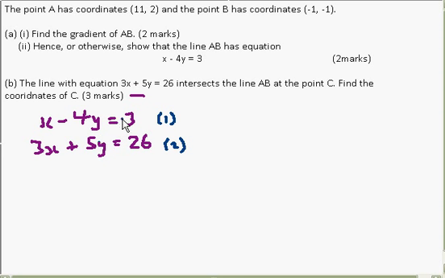And the first thing I'm going to do is decide which of x and y I'm going to eliminate. And I've decided I'm going to eliminate the x's. Okay, so in order to do that, I'm going to multiply the first equation by 3. Okay, so I'm going to get 3x minus 12y equals 9.